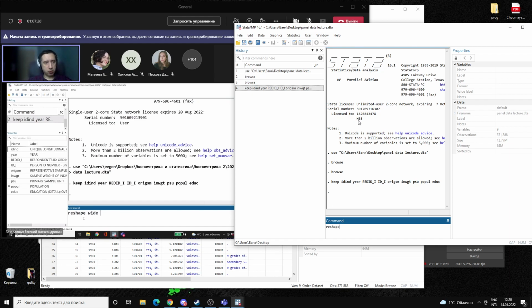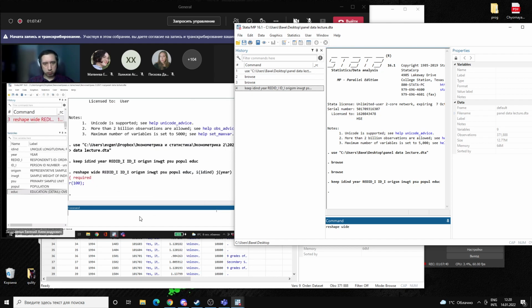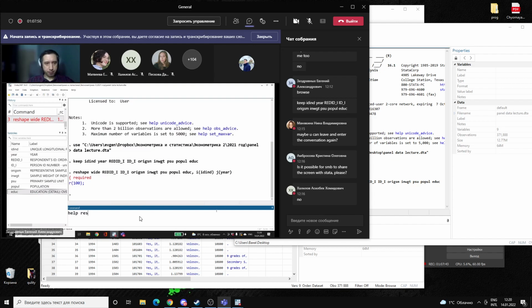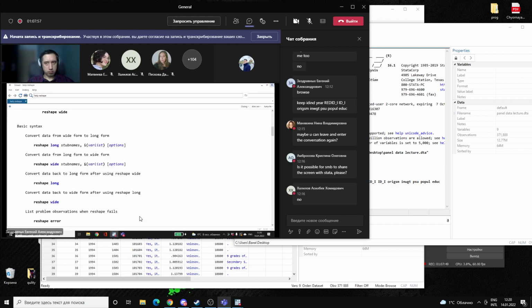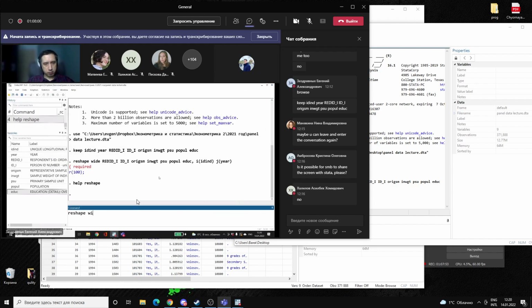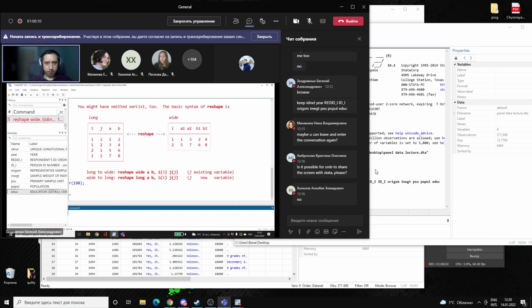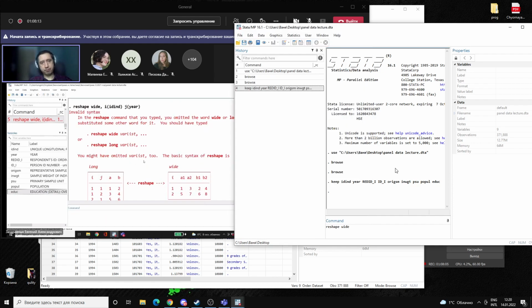For example, there is a wide form of our data set, and let's reshape all of our variables using ID and year, weight. Reshape wide. Yeah, now that works. Well, let me show you.